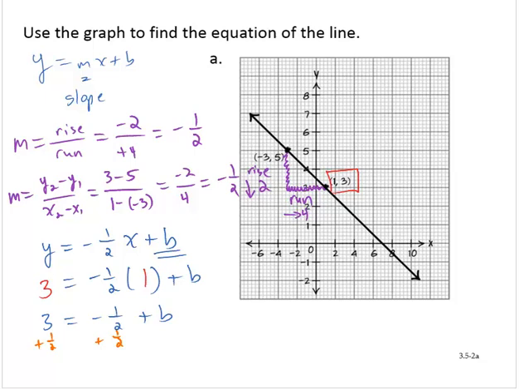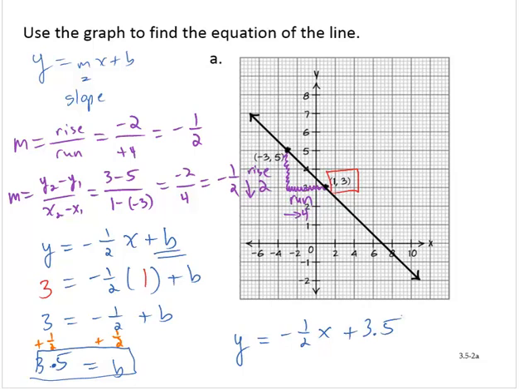So b would equal 3 plus 1/2, which is 3.5. Since that's an exact decimal, I'll use the decimal. Now that I have the b value, I can write my newest revision to the model: y = -1/2 x + 3.5.